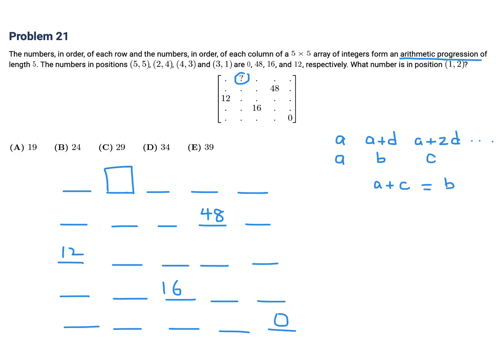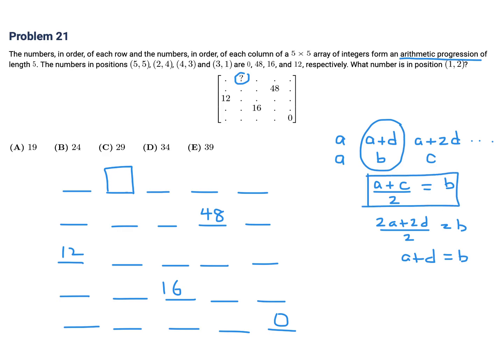So b would be equal to (a plus c) over 2. And you can see that that is true. A plus c is 2a plus 2d, and if you divide that by 2, it becomes a plus d, which is what b is equal to.